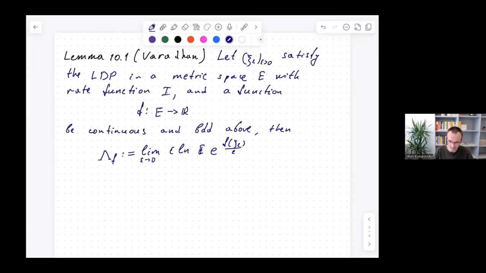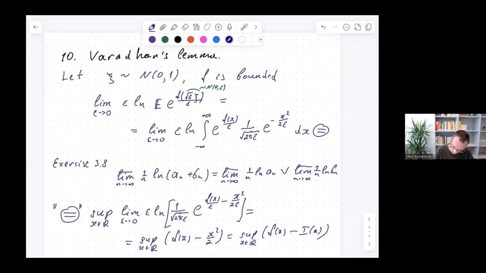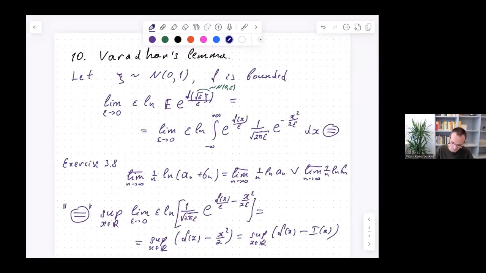Actually, this function will appear. Then this is equal to the supremum. So the limit exists, and it could be equal to plus infinity. And that is the supremum over E of the function f of x minus the rate function. Exactly what you saw before during these formal computations.